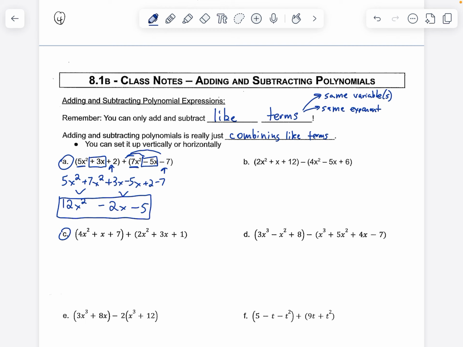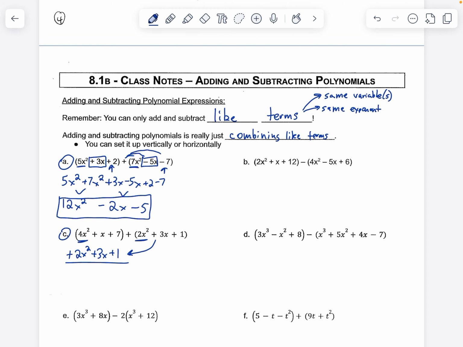So another way to think about adding polynomials is to combine like terms vertically. Here we have 2x squared as the degree 2 term. We can rewrite that underneath 4x squared. And plus 3x and plus 1 likewise can all move down if we're going to do this vertically.